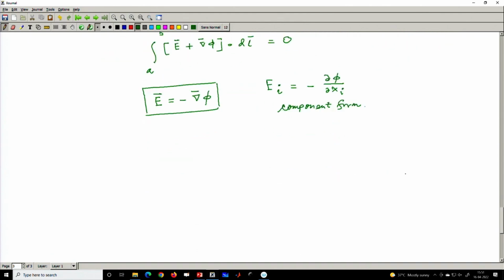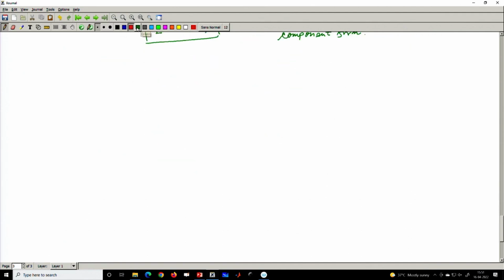Now, we will do another thing quickly, and that is the concept of potential.